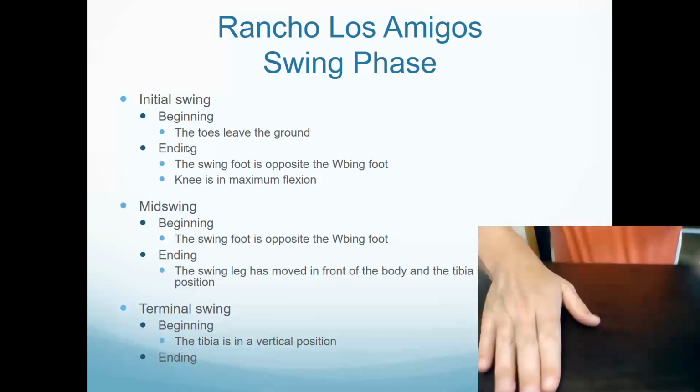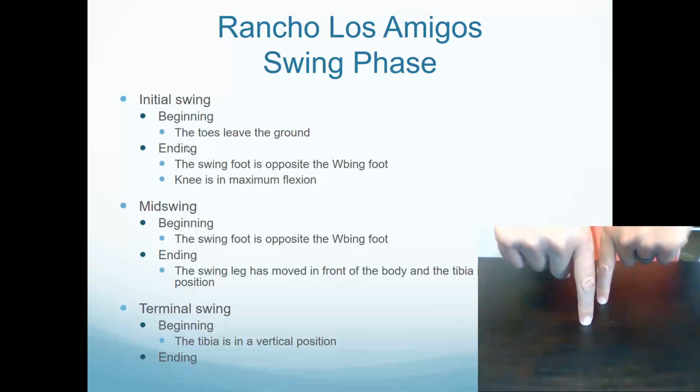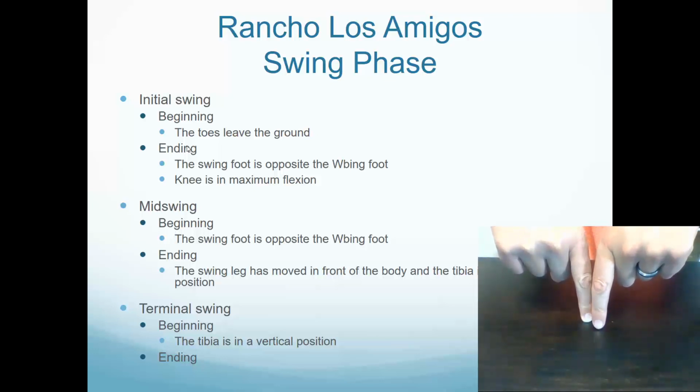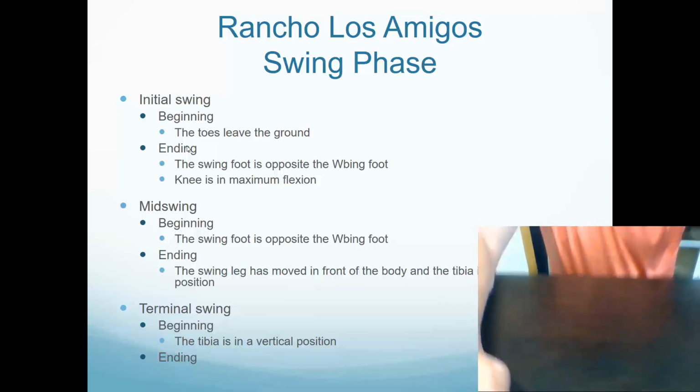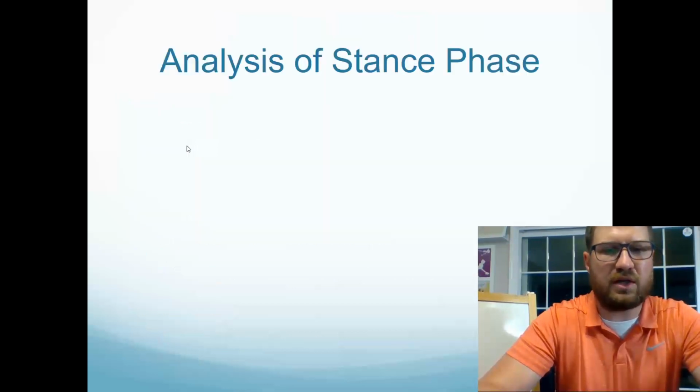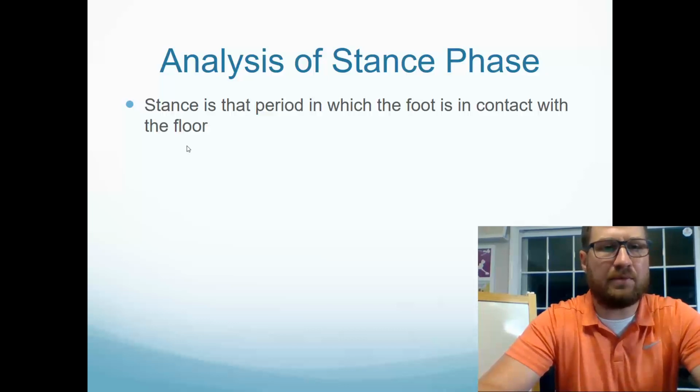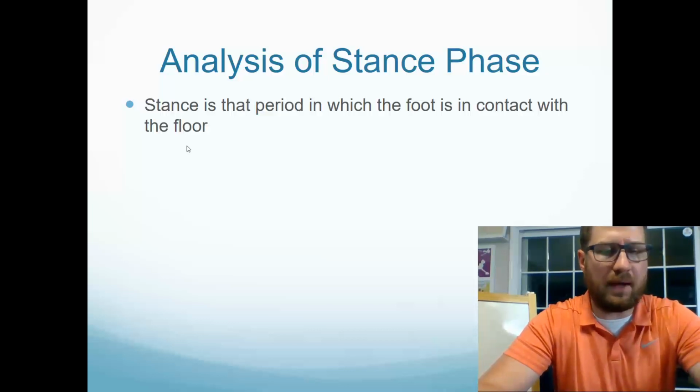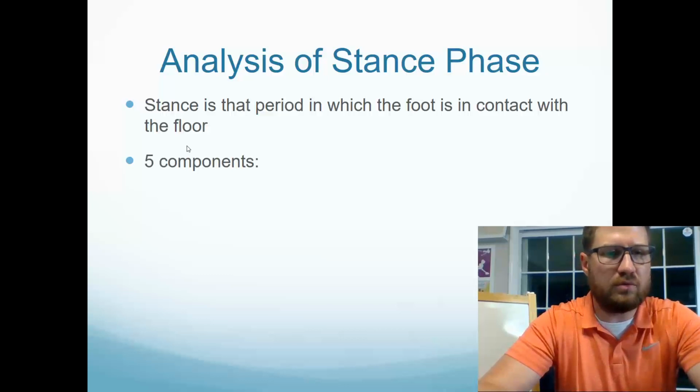If my fingers are my legs, mid-swing is from here to about here. Very short. Terminal swing is when the tibia is in a vertical position, and it ends just prior to initial contact. We don't spend a lot of time talking about swing. The main thing we're worried about during swing is clearing the toe, getting that leg forward without catching your toe and tripping down the steps.